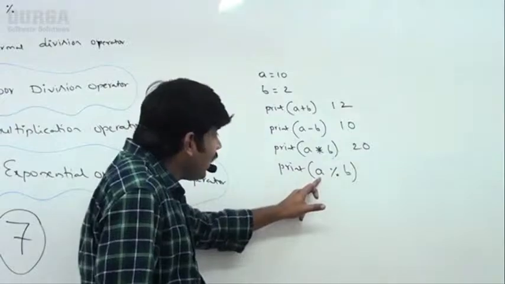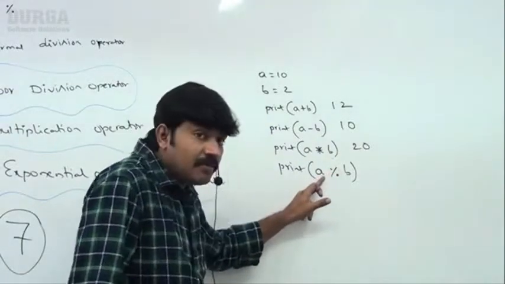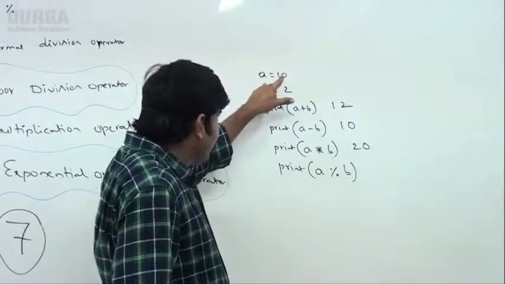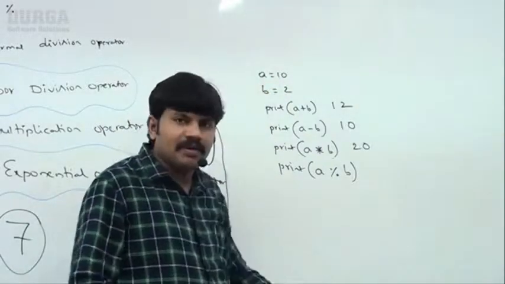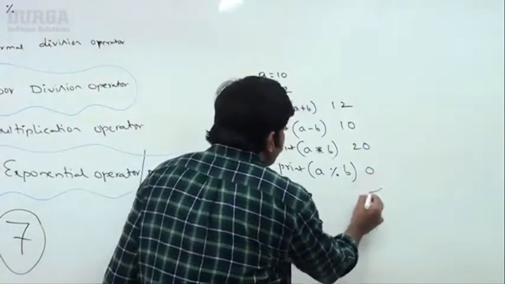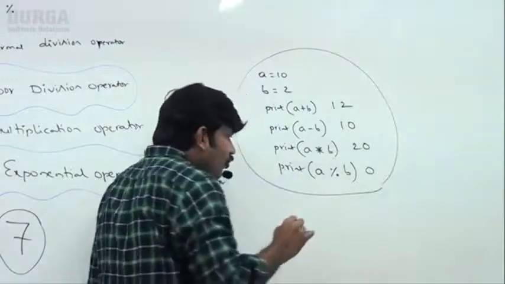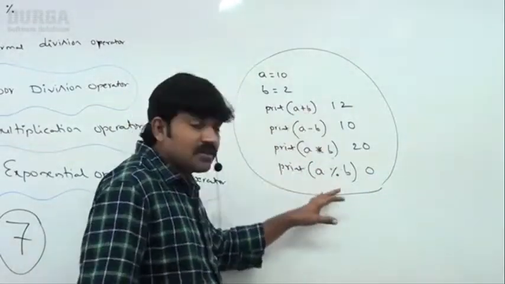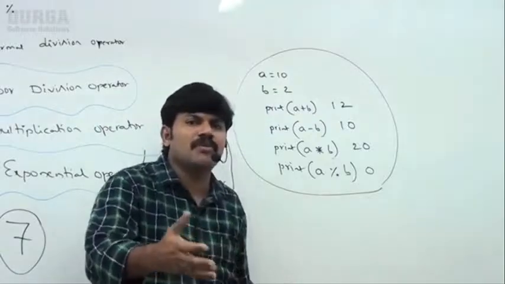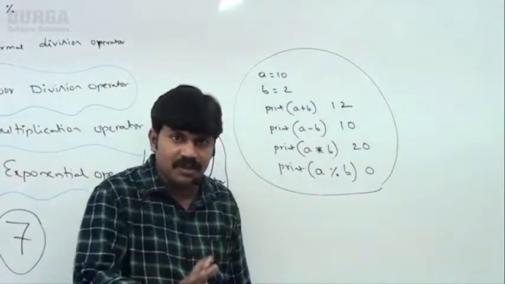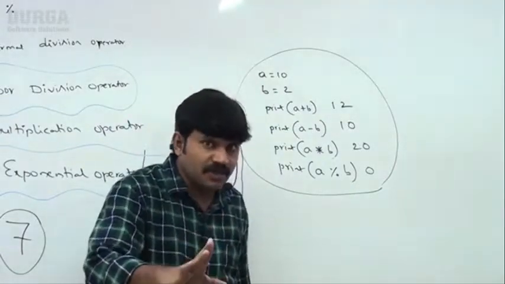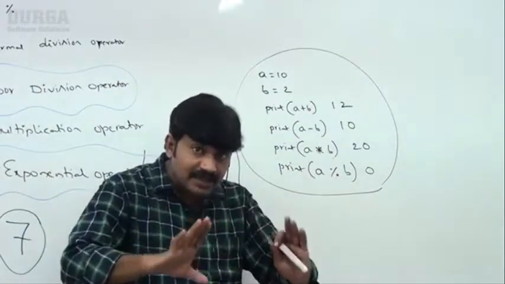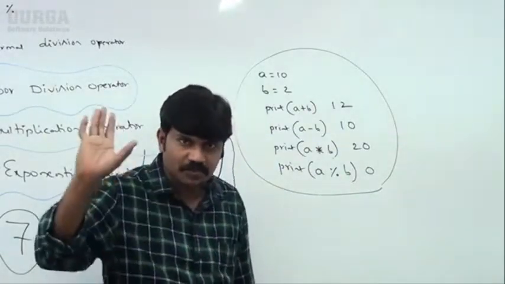Next, A percent B, 10 percent 2 means, after dividing 10 by 2, what is the remainder? The remainder is 0. I don't think you are going to have difficulty understanding this. It is the same behavior we discussed from childhood onwards. If there is a difference in behavior, I will take special care, but as of now, everything is as it is and not much explanation is required.